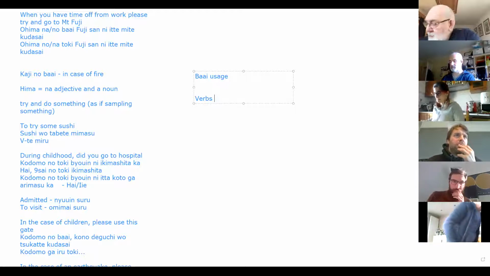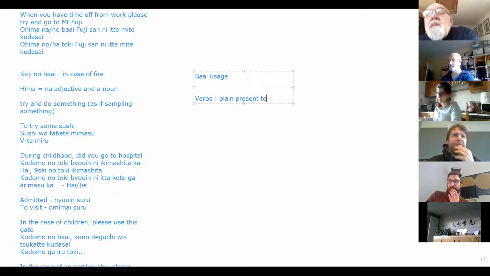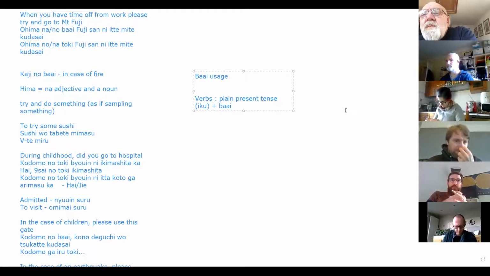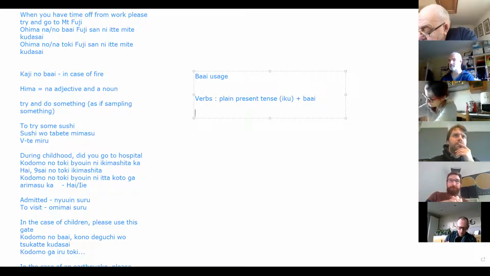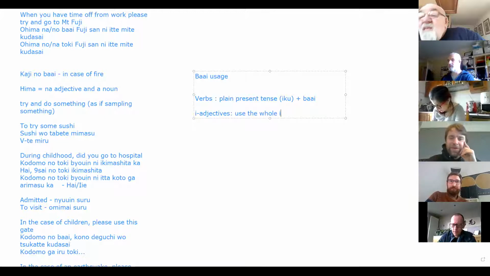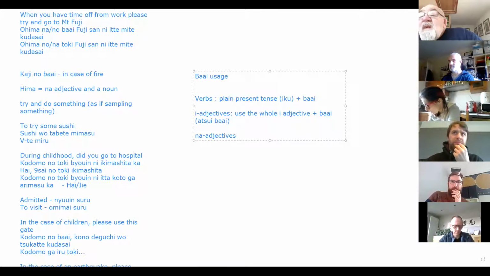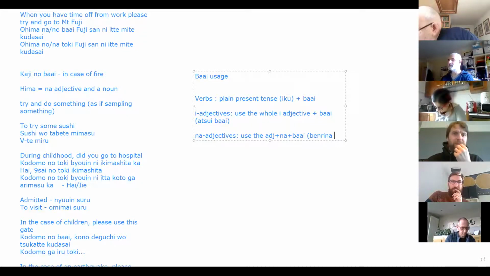So for verbs, use the plain present tense, example, iku plus baai. For i-adjectives, use the whole adjective plus baai, example, atsui baai. For na-adjectives, use the adjective plus na plus baai, e.g. benri na baai.